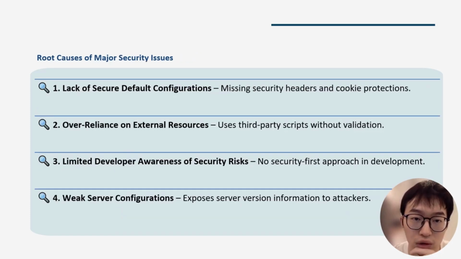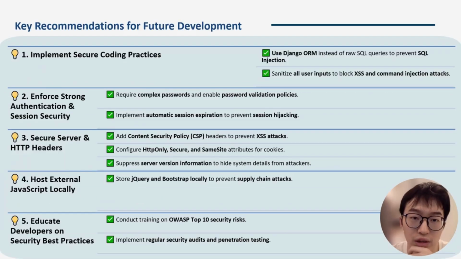The root causes of these vulnerabilities include poor security configurations, over-reliance on unverified third-party libraries, a lack of security awareness among developers, and weak server settings that expose the system to attacks. To address these issues, we recommend several key improvements. First, improve secure coding practices by using the Django ORM instead of raw SQL queries and sanitizing all user inputs to prevent attacks.